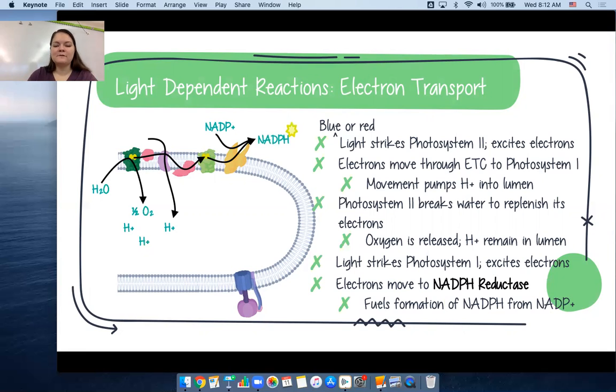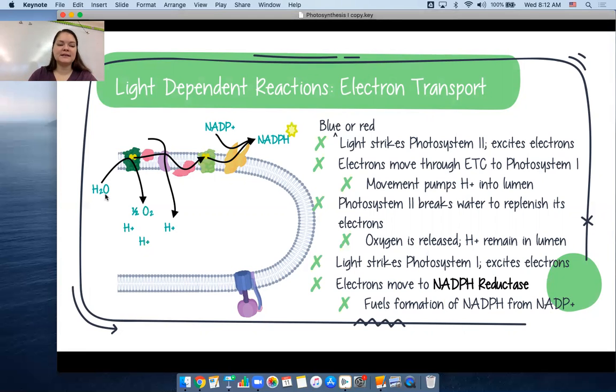Ta-da! So if we're following the movement of these electrons, we can kind of start with photosystem 1 to make it make more sense. Light strikes photosystem 1. This pair of electrons goes into NADP plus to make NADPH.